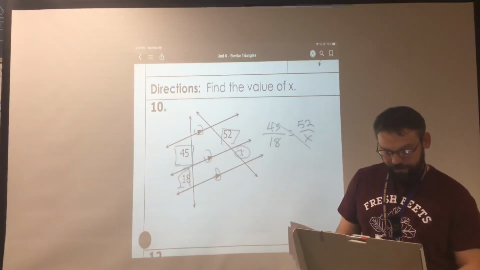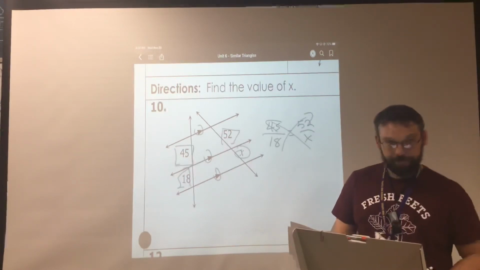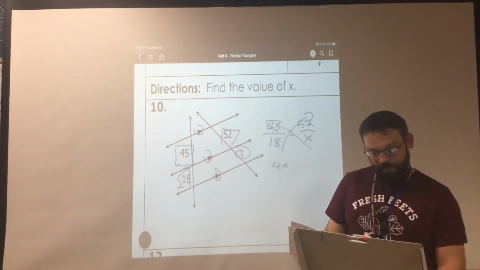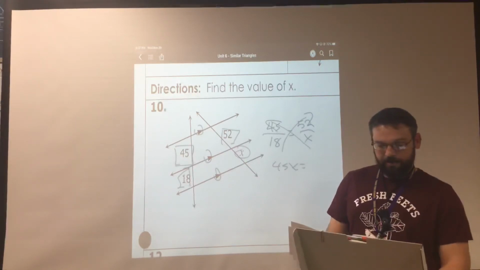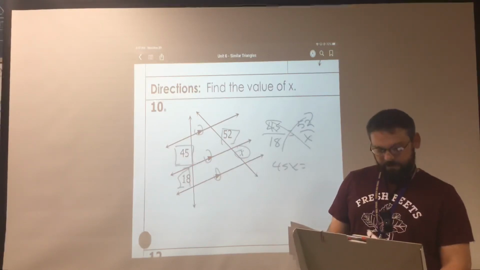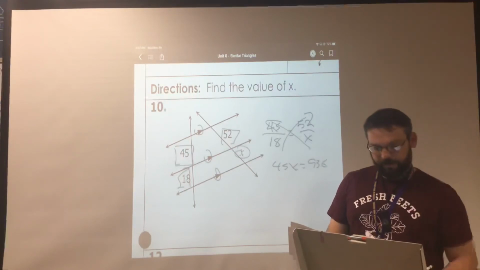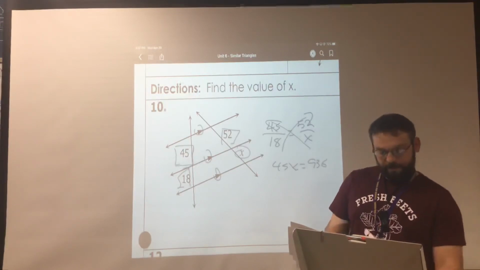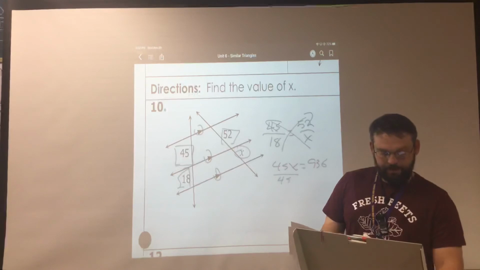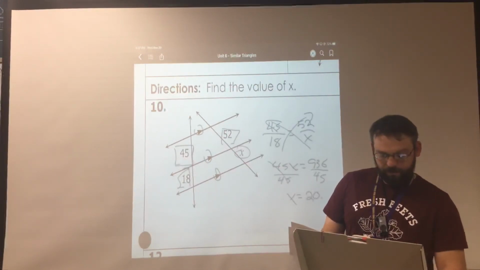And from there, cross product. So you get 45x equals 936, and dividing by 45, x gives you 20.8.